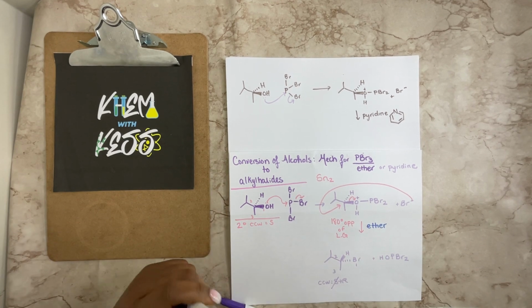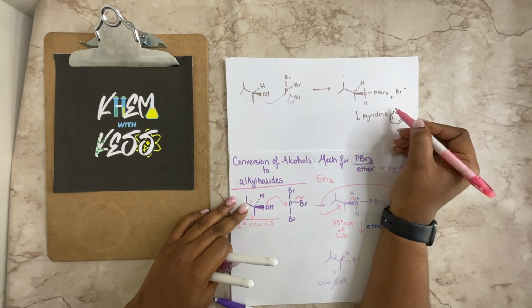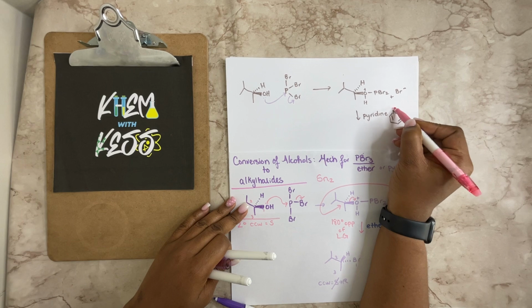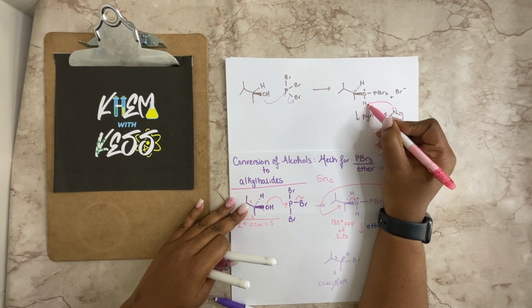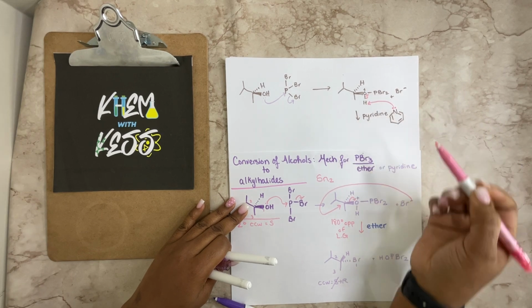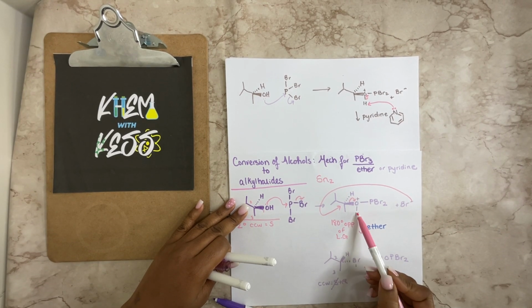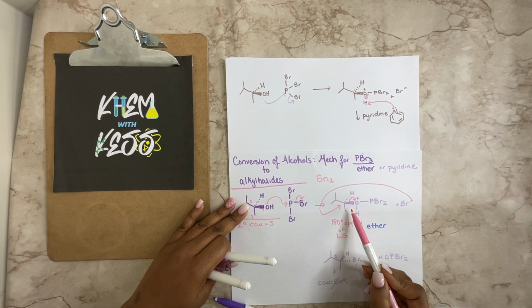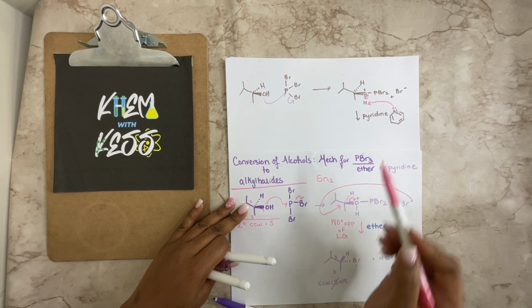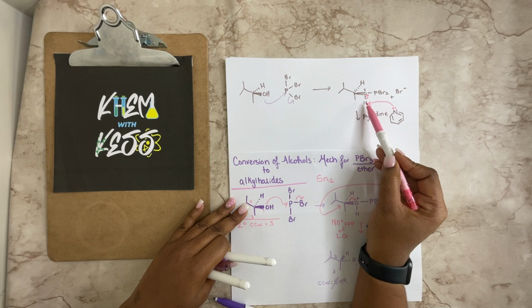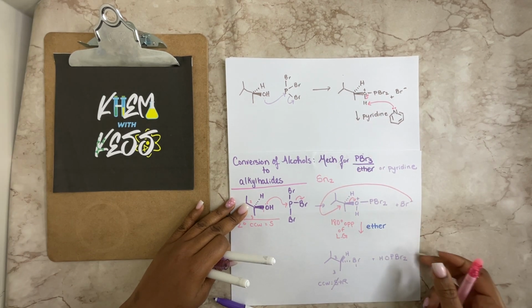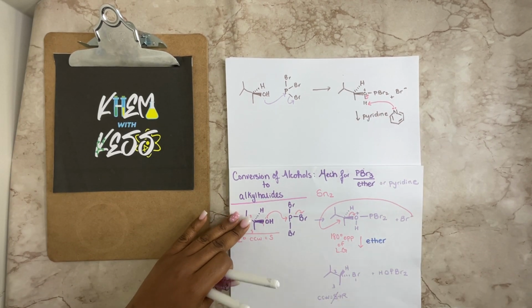In this case, if pyridine is there, we cannot allow the Br to attack. We actually must use the nitrogen group to stabilize the oxygen. Here, with a positive charge, it's definitely a great leaving group. Here it's unstable, so the only thing we're doing is stabilizing it, but it's still going to be a good leaving group no matter what.